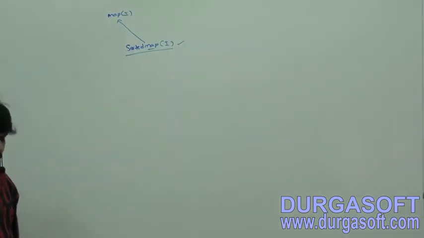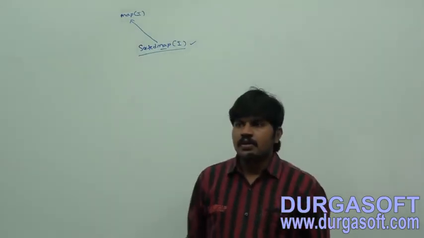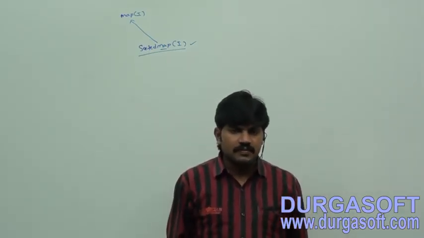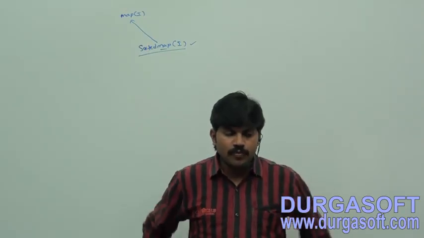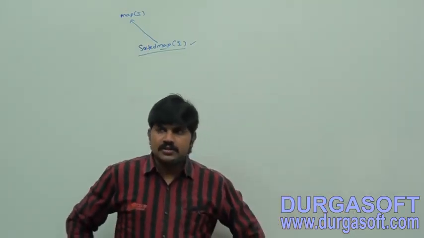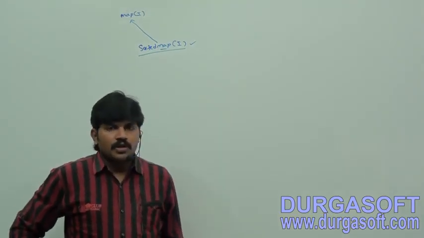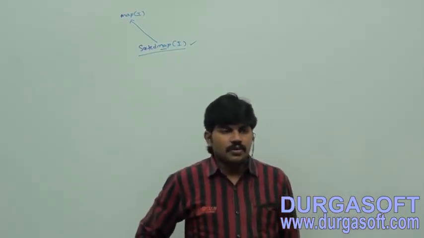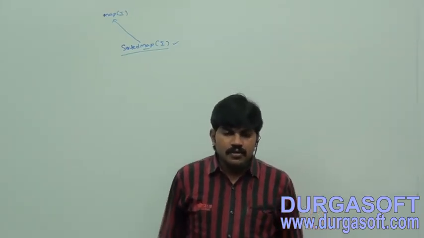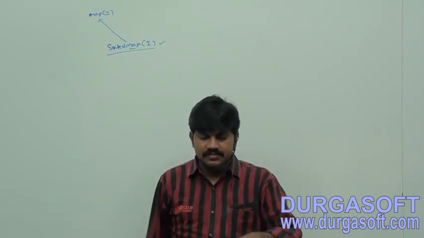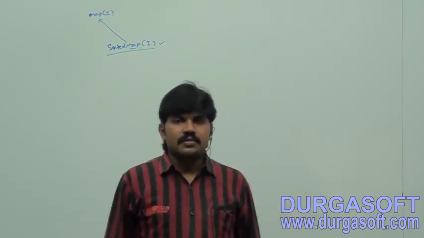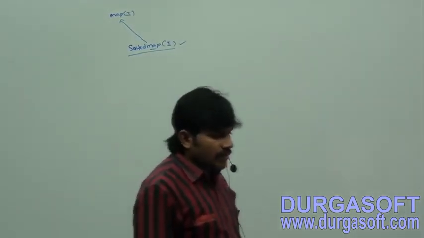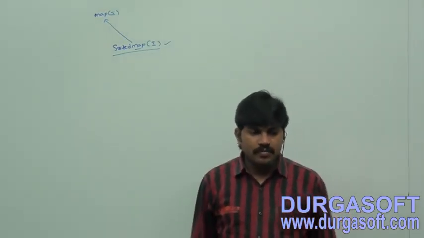If we want to represent a group of objects as a group of key value pairs according to some sorting order of keys, then we should go for SortedMap.